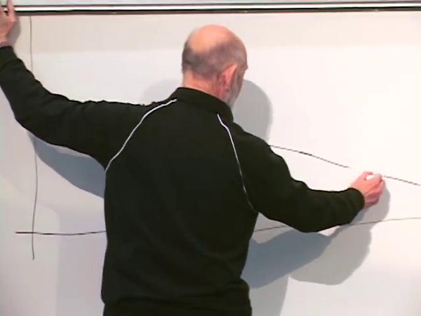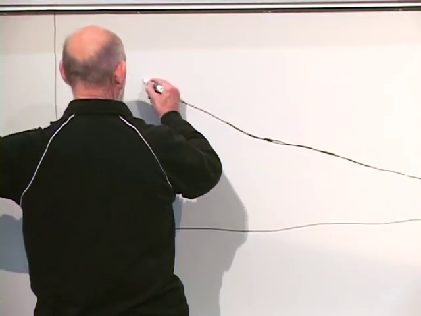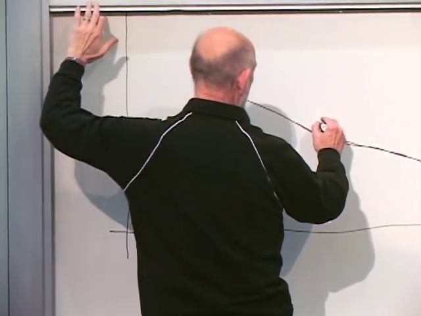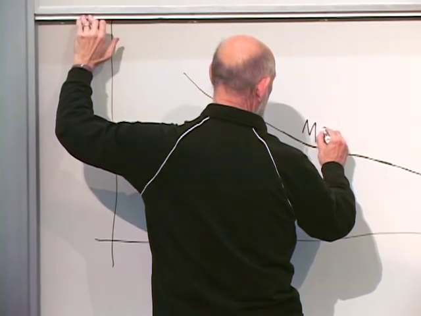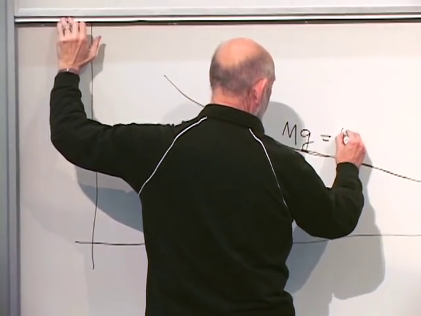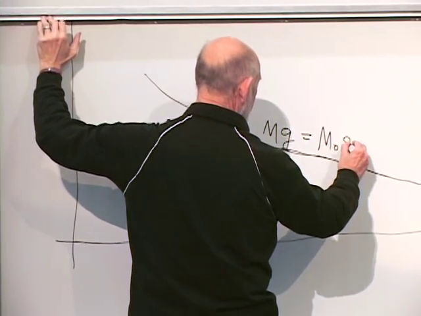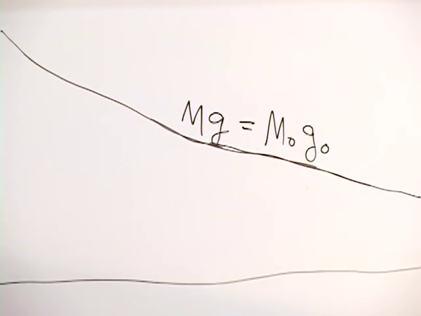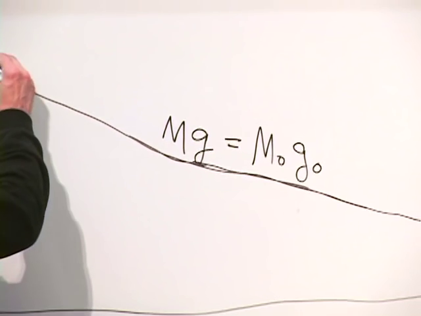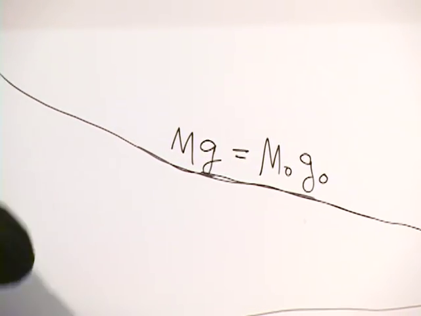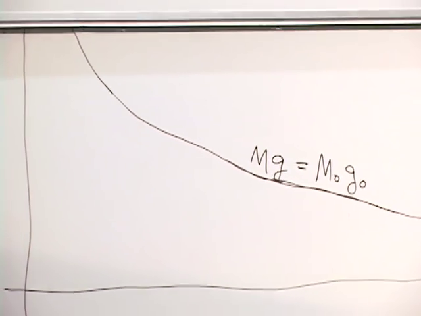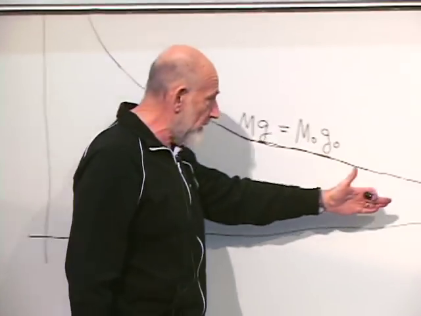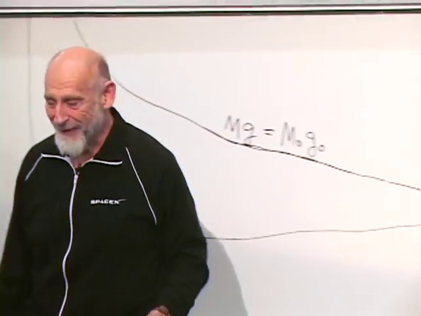Can anybody tell me? Hyperbola. It's a hyperbola. And it's the hyperbola MG is equal to M naught G naught. The product of M and G is fixed. And it's fixed so that at this point over here, it has to equal M naught G naught.